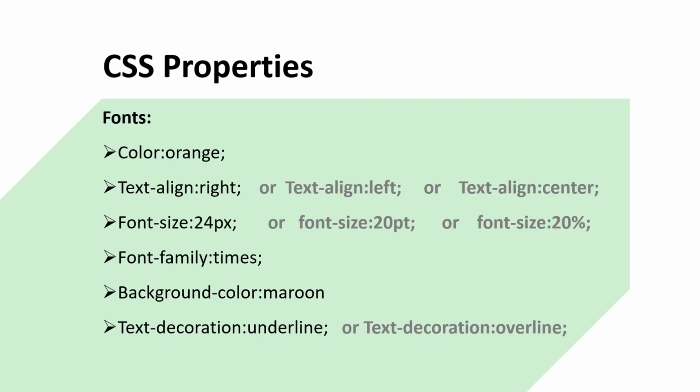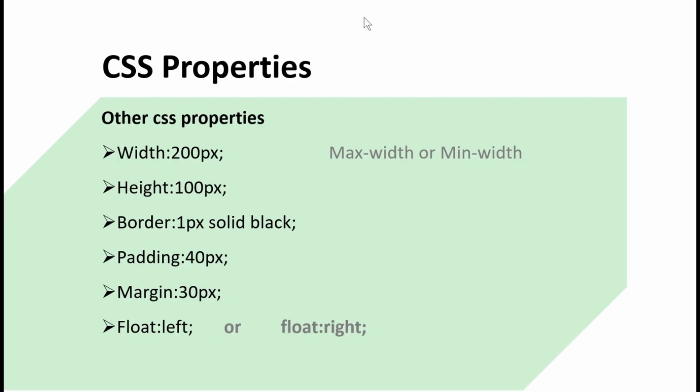Background color, can change the background color of the text. Text decoration, can decorate your text. You can know other CSS properties that we need in CSS, like width, height, border, padding, margin.